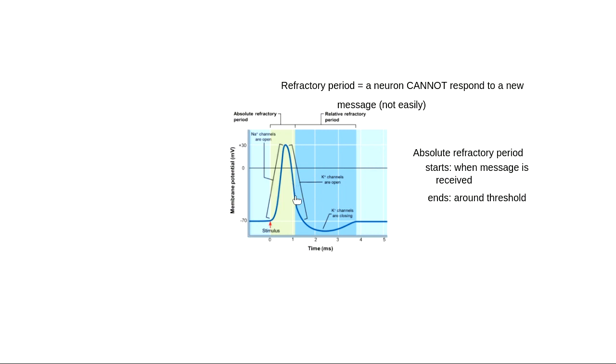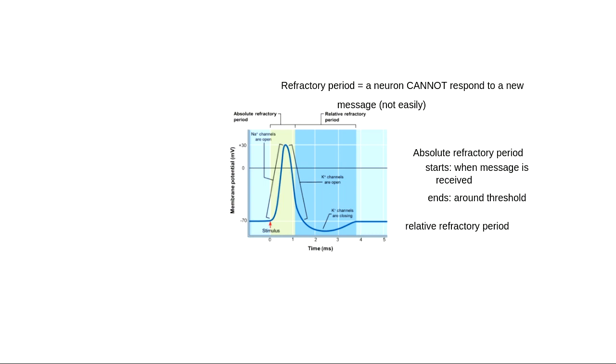The relative refractory period is the period of time where you're still kind of recovering from the first message I gave you. So the relative refractory period is going to start around threshold. So again, this is when I hit threshold on my way back down when I was repolarizing.